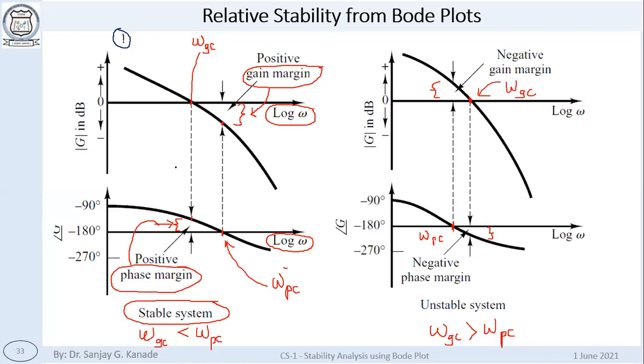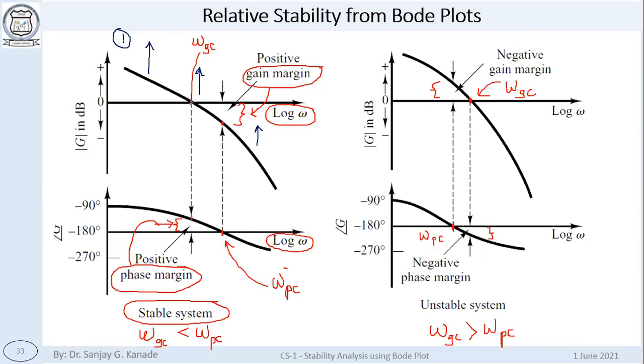We have seen this concept when discussing the effect of gain on the magnitude plot. When gain increases, the gain plot's shape remains the same, but everything shifts upwards.